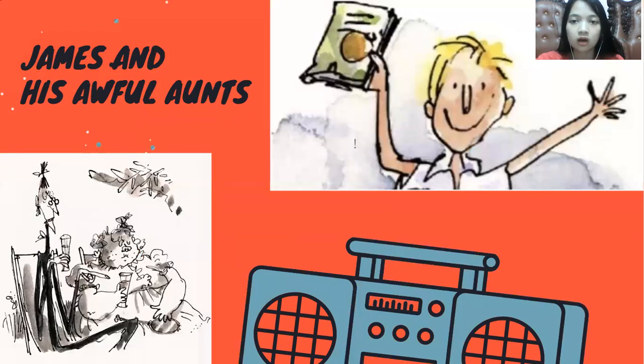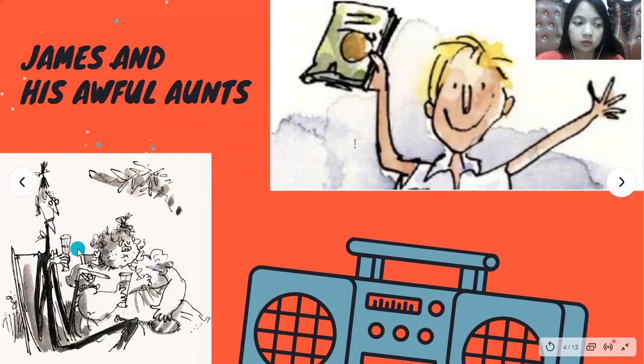The story of this novel revolves around James, the main character. But in this research, we focus more on his awful aunts who like to bully him, Aunt Spiker and Aunt Sponge.